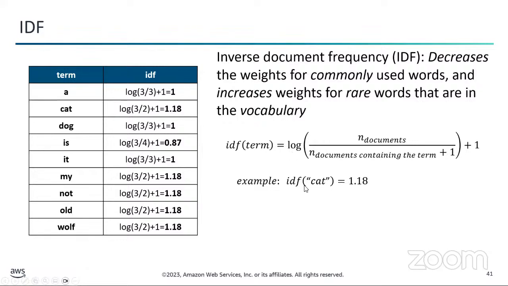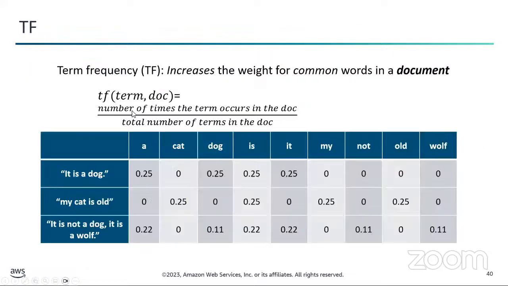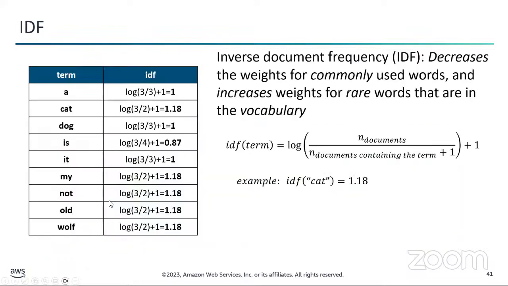So for example, the IDF of the word cat is 1.18. Why? Because you have three documents, and it occurs in only one document. So the number of documents, 3, divided by the number of documents containing the term plus 1, which is 1 plus 1, 2.